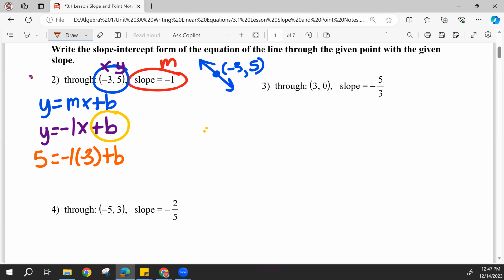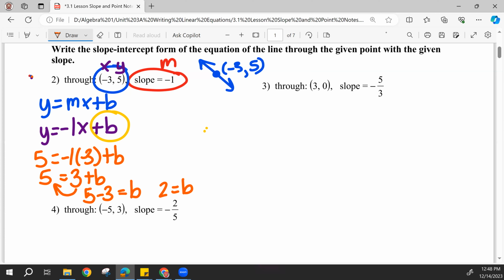Now I can solve this like I'd solve an equation. So I can do -1 times -3 and get +3. Then, just like we solved equations, I want to move this 3 over here. When I move it over there, it does subtracting. And so I'm going to get b equals 2. 5 minus 3 is 2. So b equals 2.